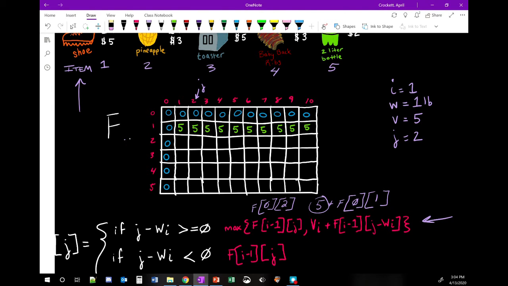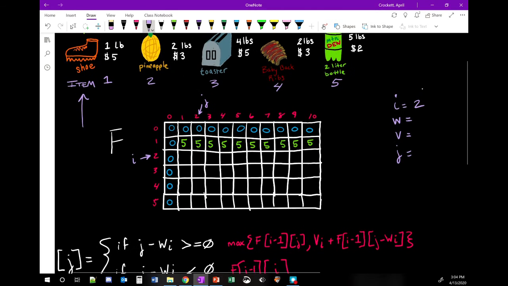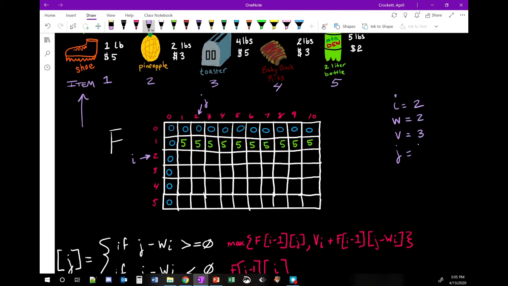Okay, then we're going to add in item 2. So we're incrementing i. i is now 2, which refers to the pineapple. And so when i is 2, some of these things change. The weight of the pineapple is 2. The value is 3. And j will always begin at 1, and it will be incremented at each step.